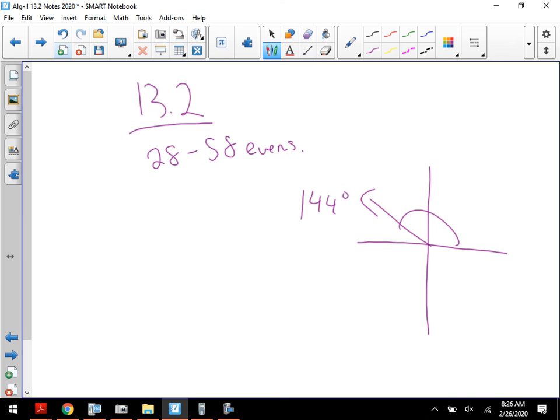Get in the habit of listing out your reference angle now, so that when it becomes super important to find them over and over again, you'll be good at it. Okay? How far is 144 degrees from 180? 36 degrees. So your reference angle will be 36 degrees.